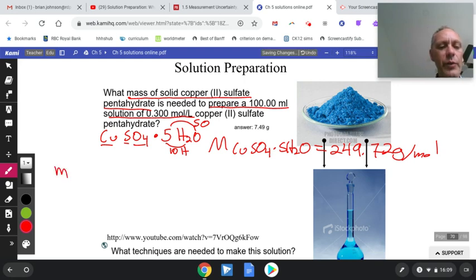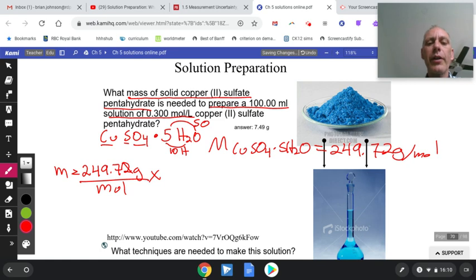So what mass do we need? 249.72 grams per mole. Okay. If you want to finish off the calculation, you can pause the video here and go ahead and do it and then come back. Okay, we need to get rid of our moles. 0.300 moles on top, liters on bottom. Okay, moles are gone.